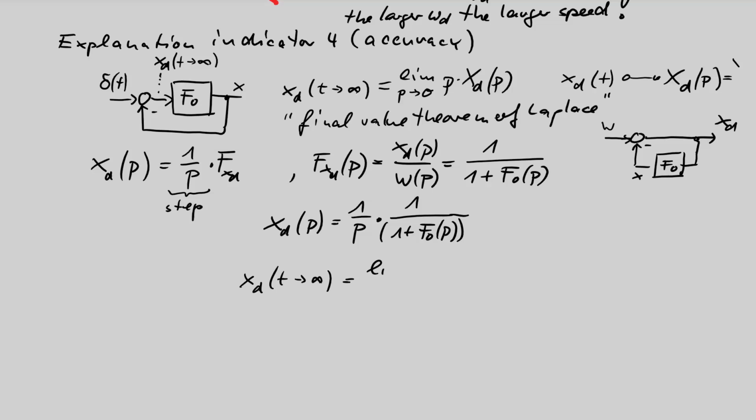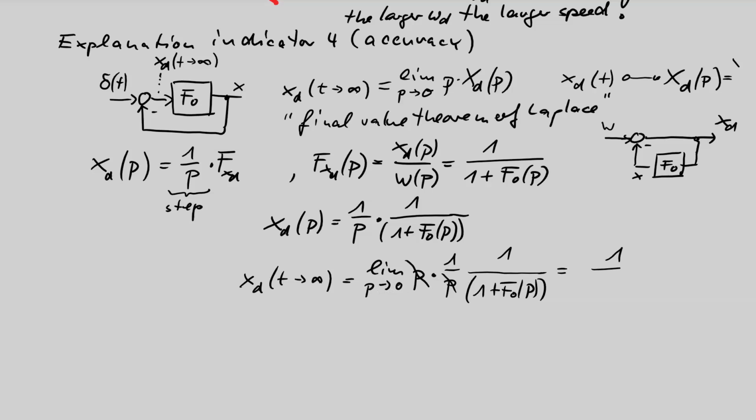Now I put this function there and execute the limit value, and you see x_d(t) for t going to infinity is the limit value p goes to 0 of p times x_d(p), which is 1 over p multiplied with 1 divided by 1 plus F_o(p). And now you see, here we have a reduction and delete of the p factors, and here just replace p with a 0 value.